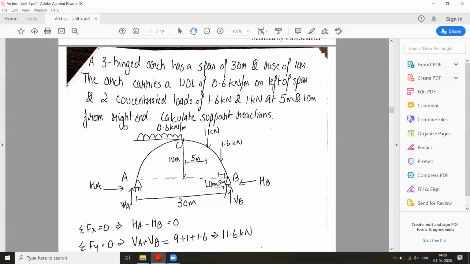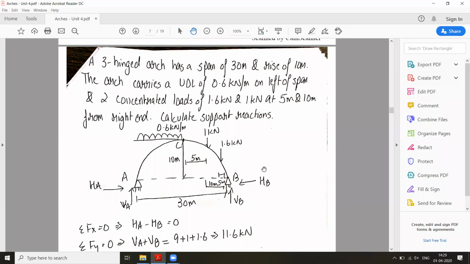So please see this. These distances you have to measure from the right end. So the distance of 1.6 kilonewton from the right end is 5 meter, and the distance of 1 kilonewton from the right end is 10 meter. So this is your right end, B point. So at 5 meter distance, this is 1.6. At 10 meter distance, this is 1 kilonewton.